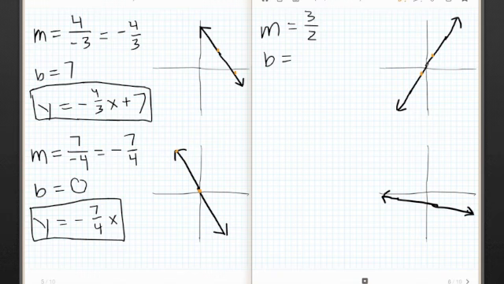Well, it's going to be right here, which is 1/2. So right in between these 2 points, y equals 1/2 on this y-axis. So now this is going to be y equals 3 over 2x plus 1/2.